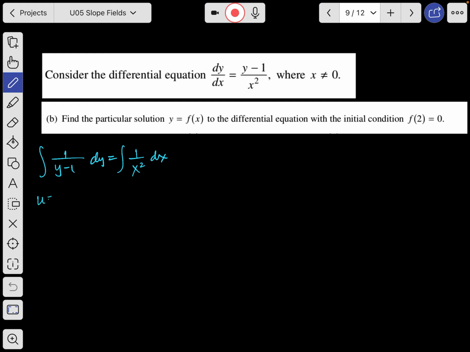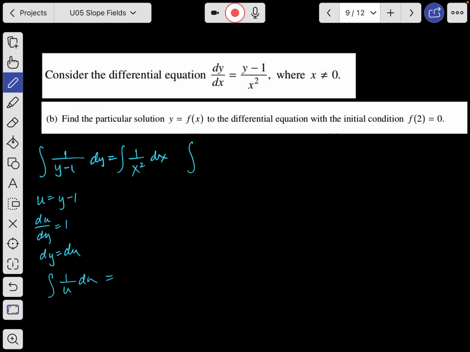I'm going to say my u is equal to y minus 1, so du/dy is equal to 1, so dy is equal to du. And so this is going to be 1/u du, is equal to, and on the right side, let's rewrite this with a -2.